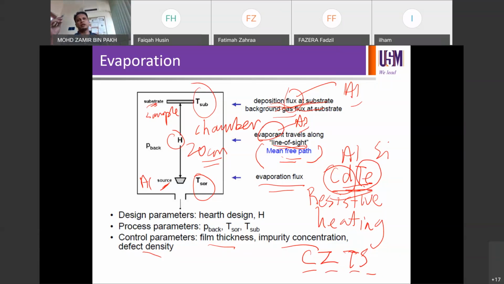But there may be a risk, or typically a high risk, of you not getting the exact compound on the substrate as the original CZTS. This is called the stoichiometry issue, stoichiometry.